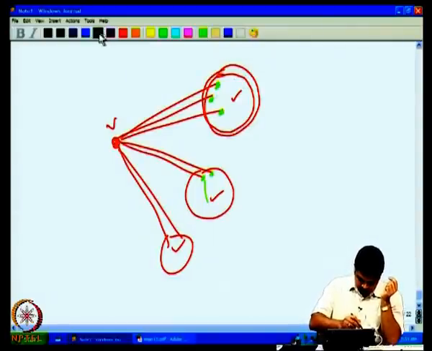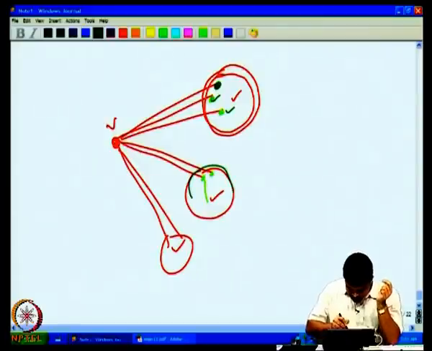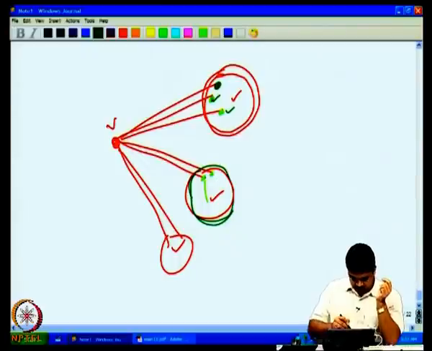The only problem, as I mentioned, is that all the colors are different. I can try to get a common color between this and this, because within this component I can exchange colors, rename the colors. I can make the green color red and red color green.